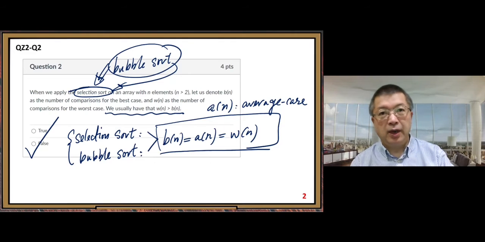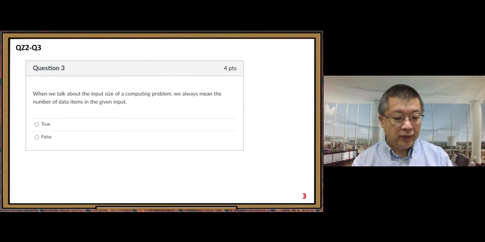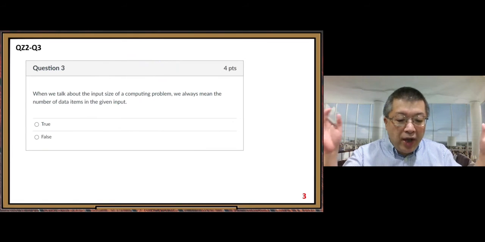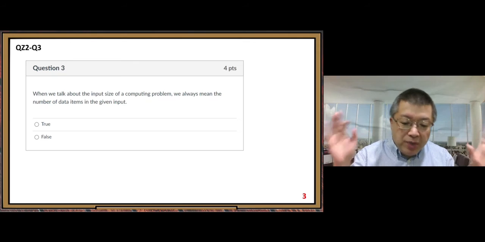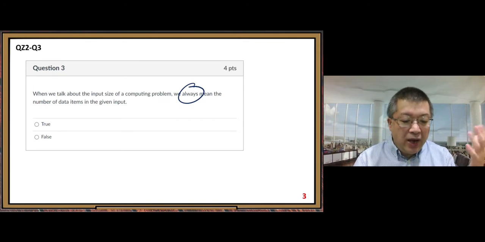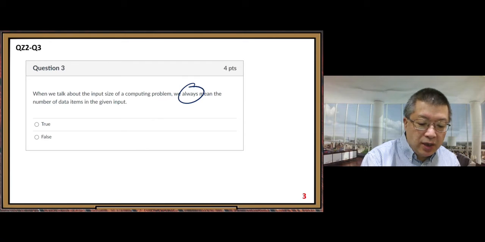Next, question number 3. When we talk about the input size of a computing problem, we always mean the number of data items in the given input.